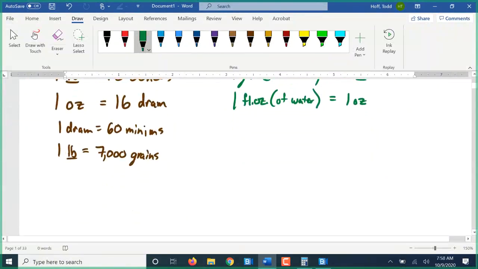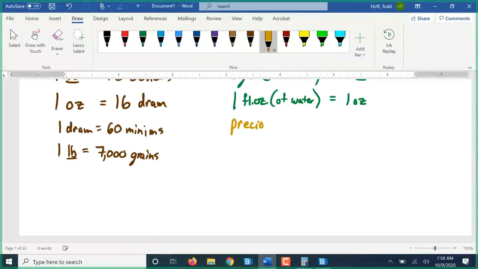Now, something I like to point out, just because you hear a lot about it, you hear all the time on the news, gold has reached $2,000 an ounce or whatever, or silver's at $100 an ounce. We had mentioned a couple of weeks ago that King Edward declared his thumb and foot and everything the official measurements of the land.